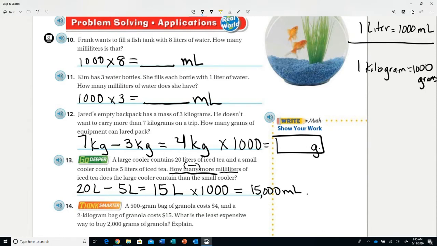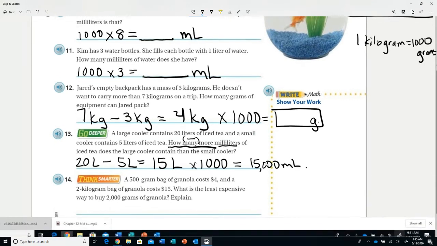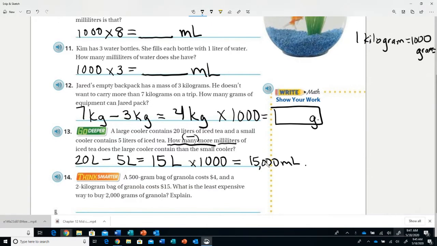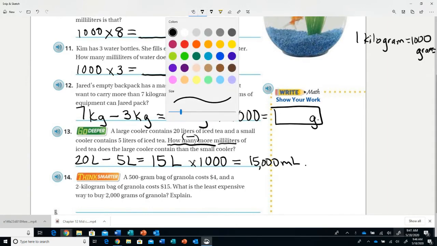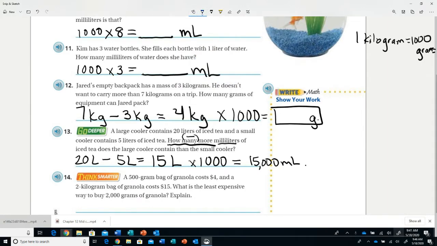Number 14, a 500-gram bag of granola costs $4 and a 2-kilogram bag of granola costs $15. What is the least expensive way to buy 2,000 grams of granola? All right, so I'm going to switch up a color here so I can use a think space. I know 500 grams costs $4.